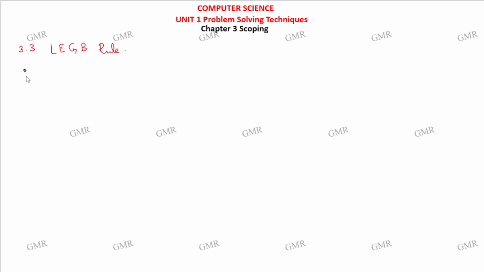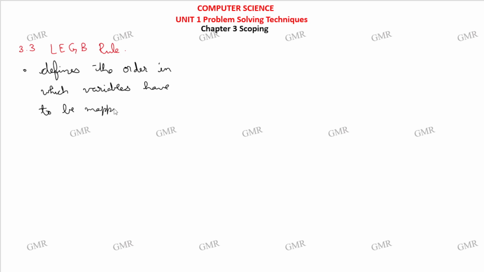Scope also defines the order in which variables have to be mapped in order to map to the object, in order to obtain the value.